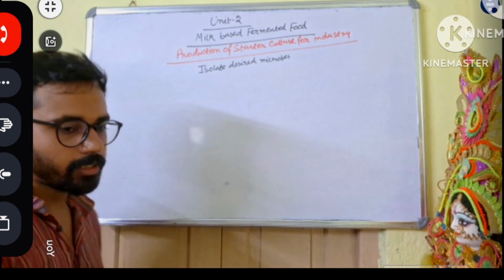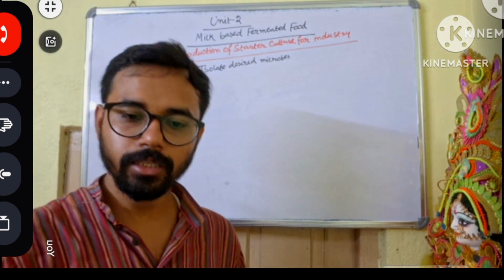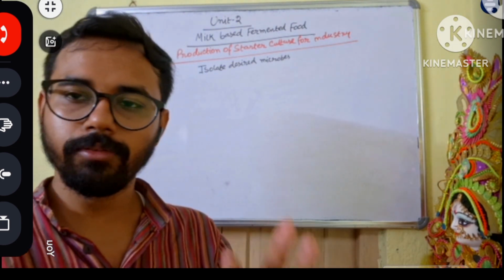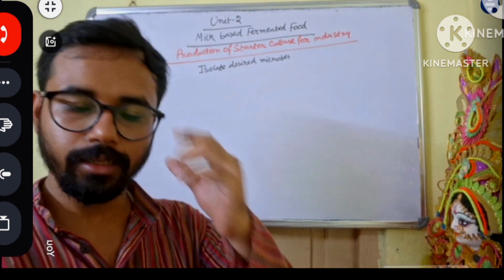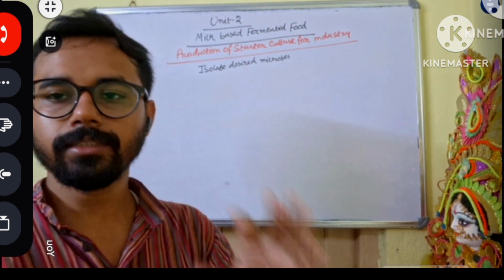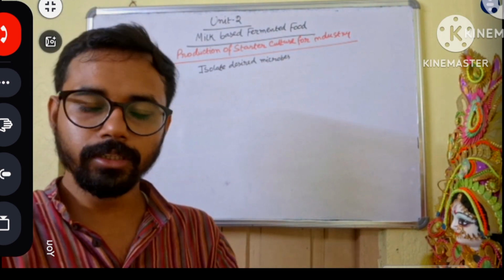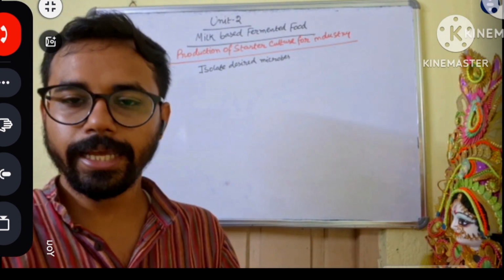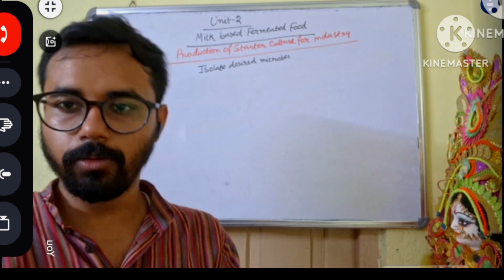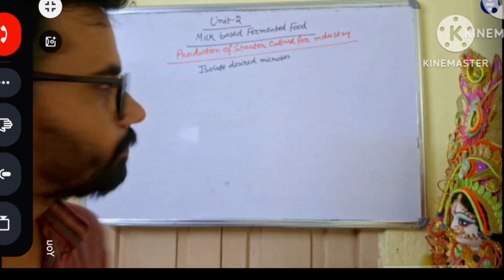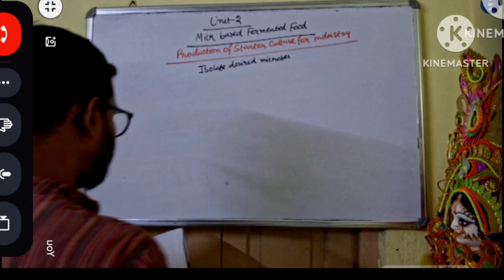If we want to start dairy fermentation, we need good quality lactic acid bacteria, right? So first isolate the particular lactic acid bacteria. If we need Lactobacillus or Lactobacillus lactis, isolate the particular desired LAB and make a stock culture.